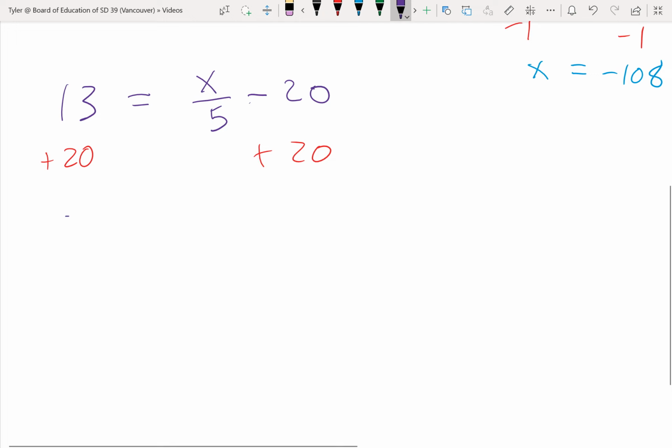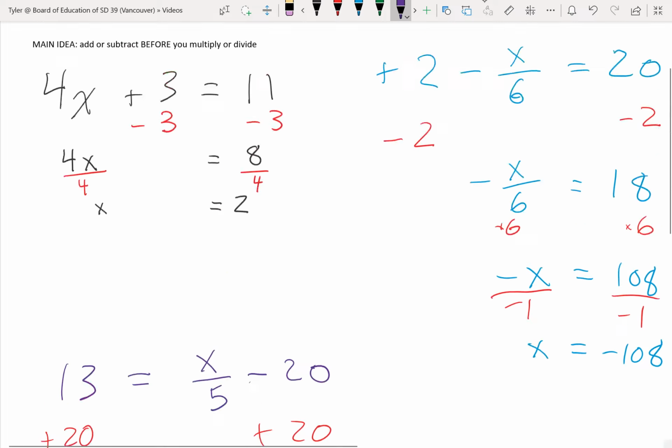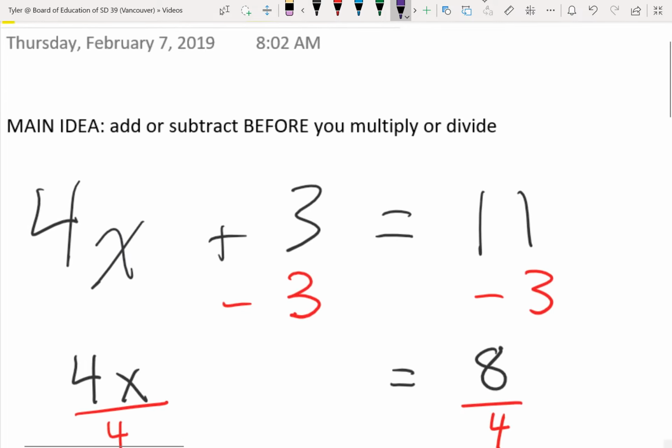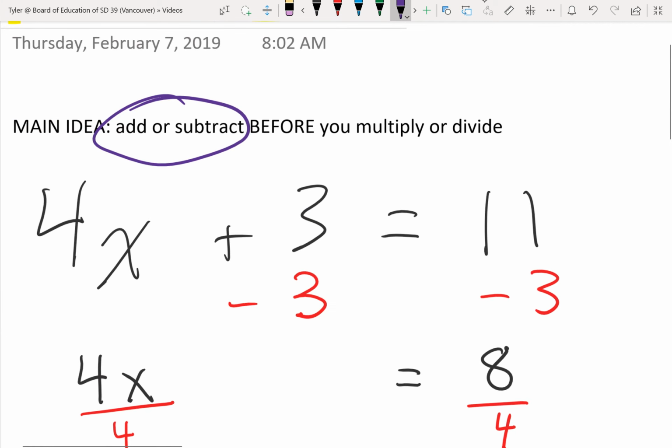That's going to leave me with 33 equals x over 5, and that's it, because the 20 canceled out. Now to get rid of that 5, I'm going to multiply by 5 on both sides. It's going to leave me with x over here, and 165. So that's it. So the lesson is add or subtract before you multiply or divide.